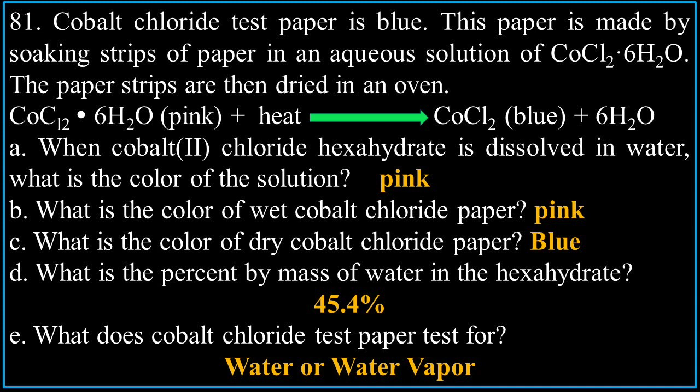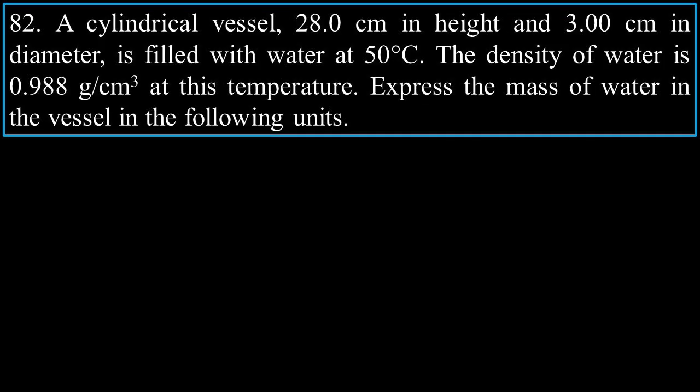Water or water vapor. A cylindrical vessel 28 centimeters in height, 3 centimeters in diameter, is filled with water at 50 degrees Celsius. The density of water is 0.988 grams per cubic centimeter at this temperature. Express the mass of water in the vessel in the following units.